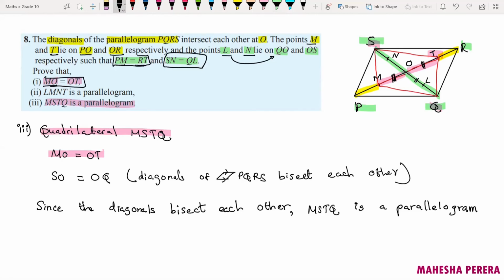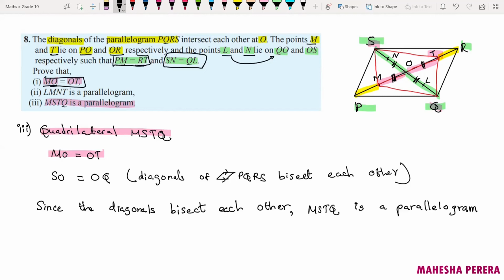And we know that diagonals of a parallelogram bisect each other. So that means this length is equal to this length. So when we consider our quadrilateral MSTQ, we see that the diagonals of this quadrilateral also bisect each other. So this means this is a parallelogram, right?